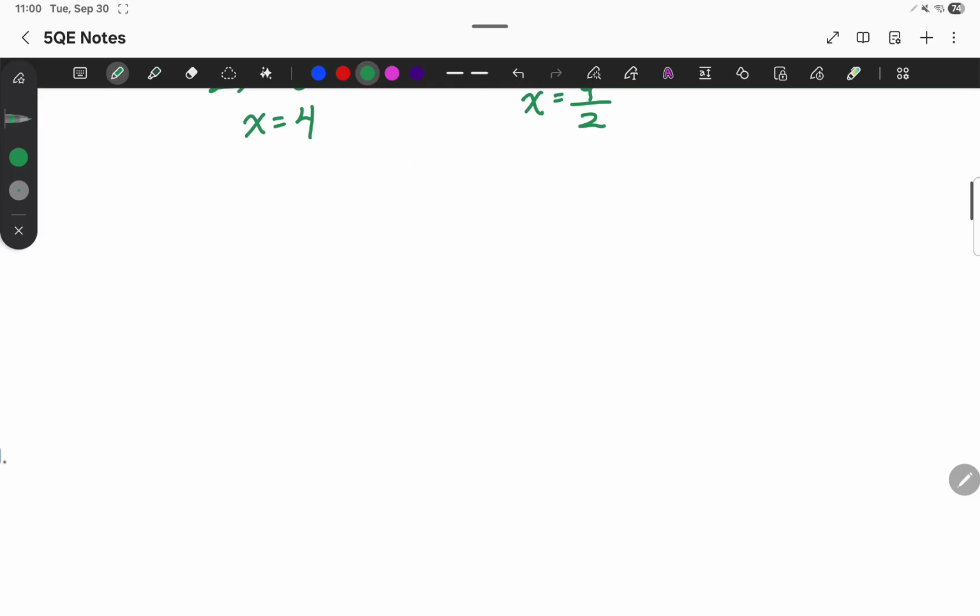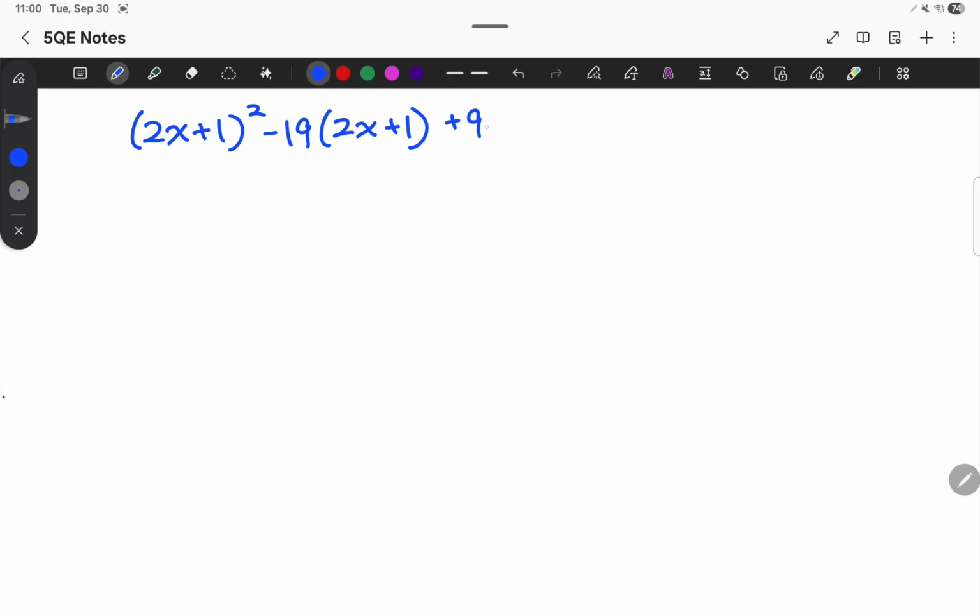So I'm going to come a little bit down, and I'm going to copy out our equation again. So we have 2x plus 1 squared minus 19 times 2x plus 1 plus 90 equals 0. And I'm going to start by just expanding each bracket.